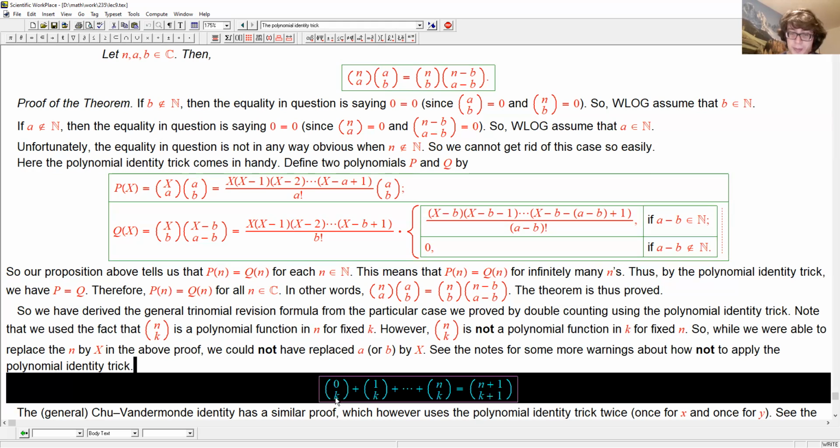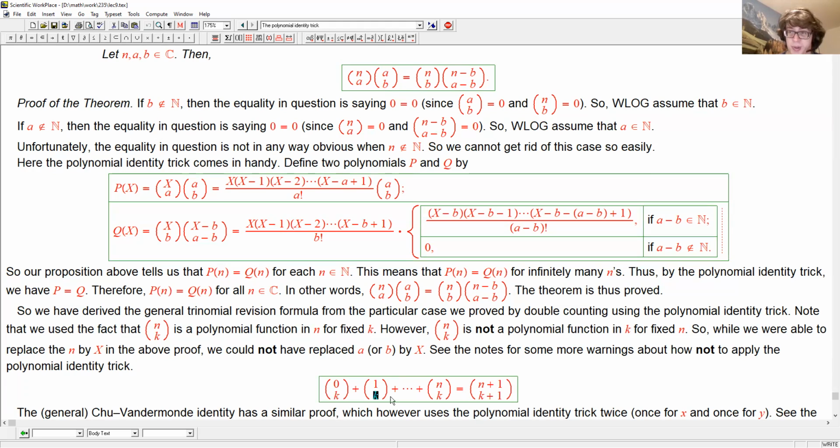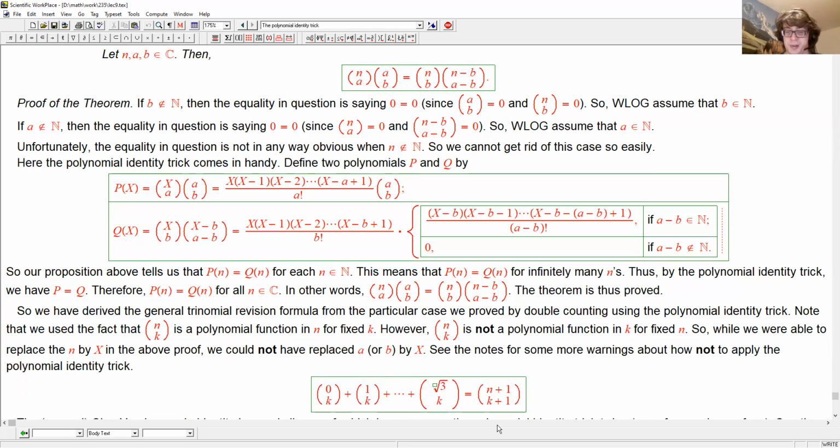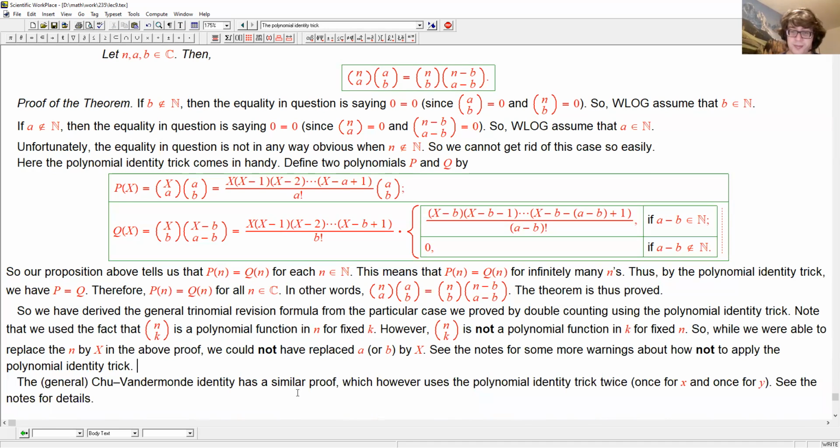But you cannot. Neither side is a polynomial in k. Actually, it's enough that one side is not a polynomial in k, but neither of them is. And you cannot replace n by a non-integer either, because what would the sum be if I had the square root of 3 here? What would this even mean? It makes no sense. So you cannot just pick anything and generalize it to real numbers, but a lot works, and this can be very useful.